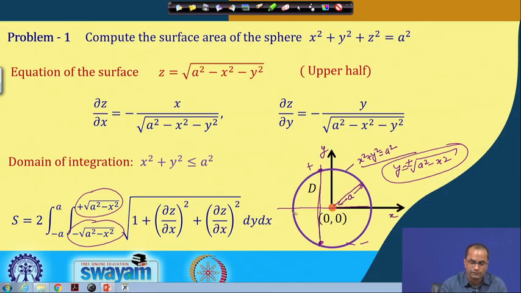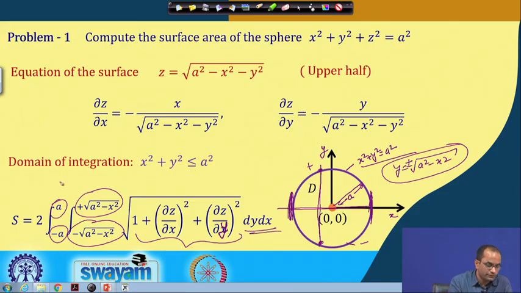and then these lines here in the direction of x, we are moving from this minus a to the plus a. So, minus a to plus a, and then this integrand which is 1 plus z_x whole square plus z_y whole square, and then dy dx.